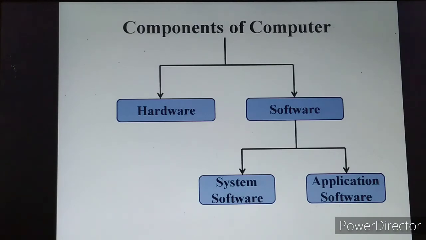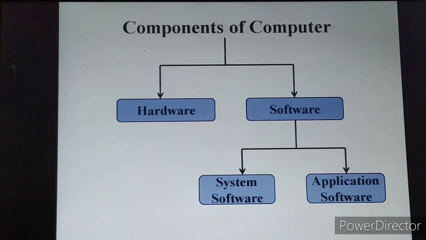These are application software, right? System software is used to run a system. It is essential for the system. But application software depends on the user's need, right? I hope you are getting my points. If you have any doubts, please ask, right?